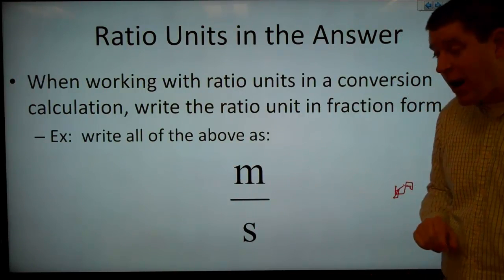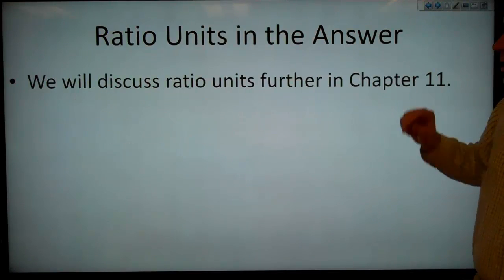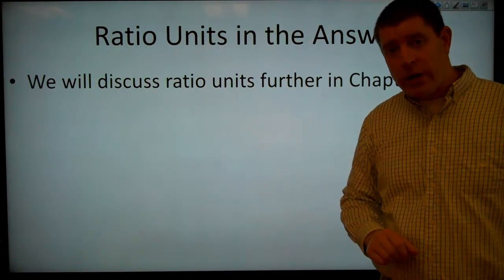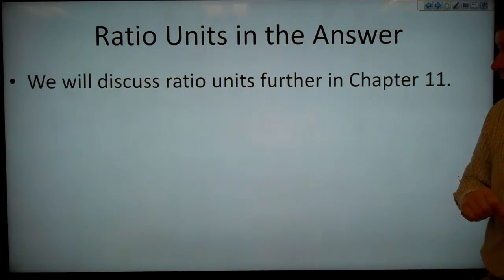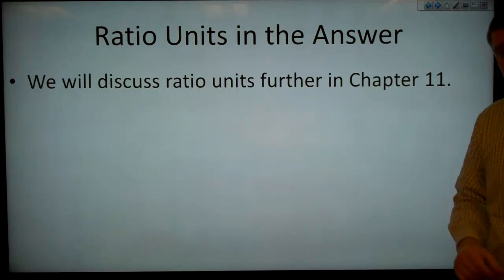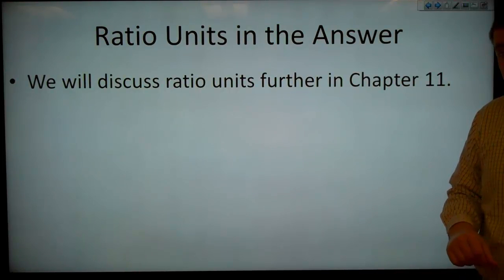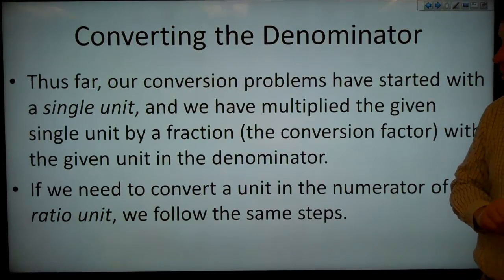We want to write it as a fraction like this, because that gives us a numerator and denominator that we can work with. We're going to discuss ratio units more in chapter 11, but we can still use them some here in conversion factors and work with them.